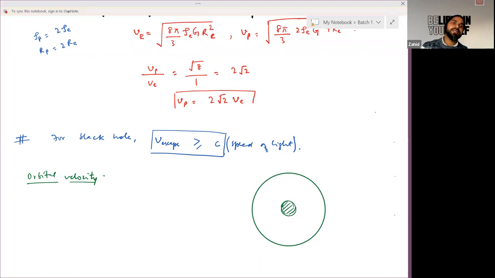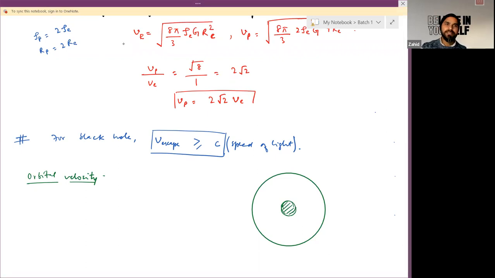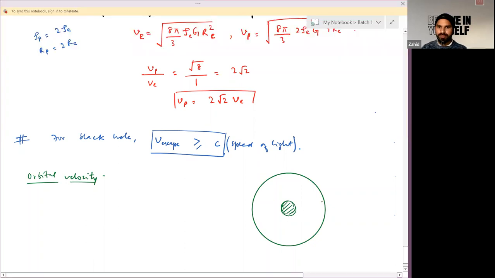Suppose a body is revolving around Earth in a closed orbit. Let's say a heavenly body at this point is moving with some constant velocity close to the surface.